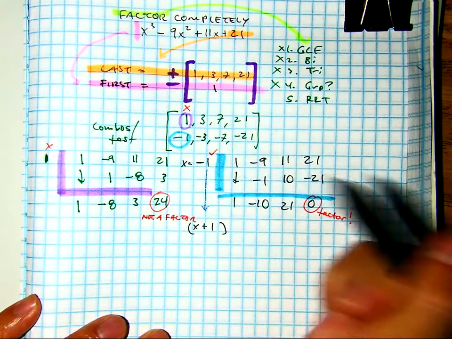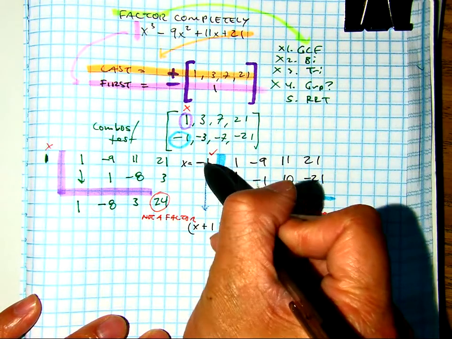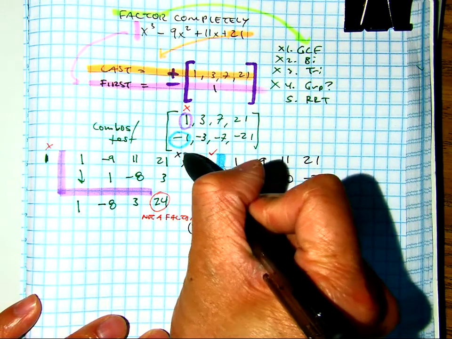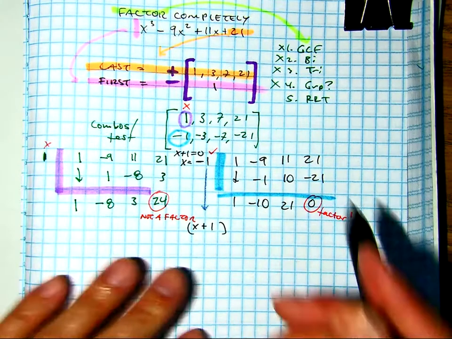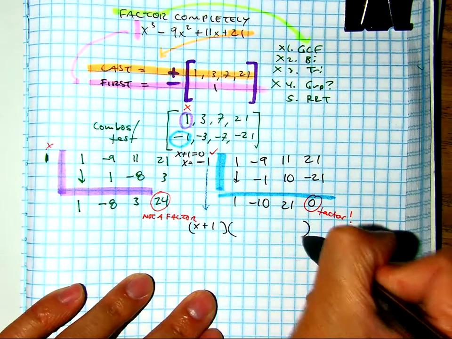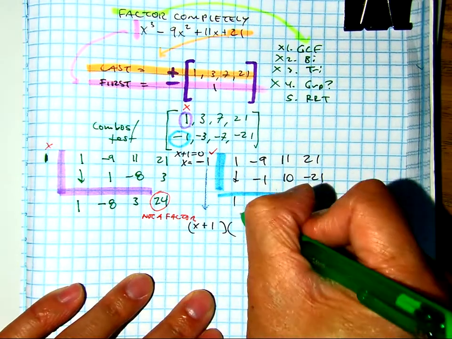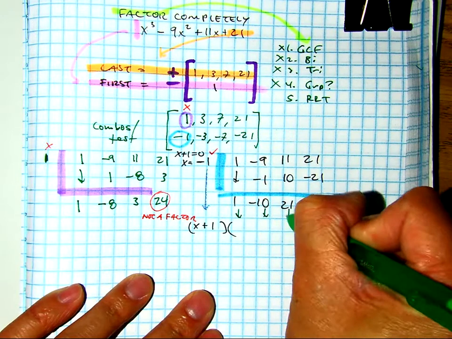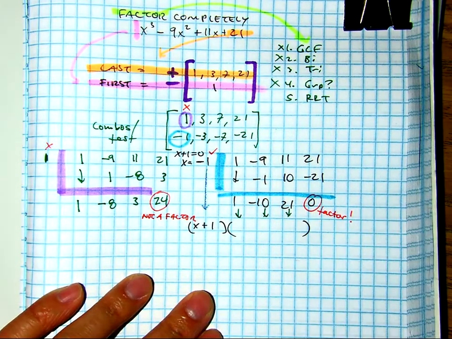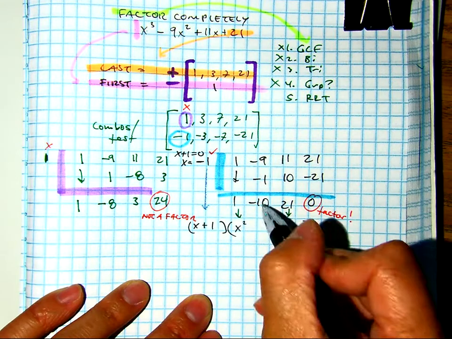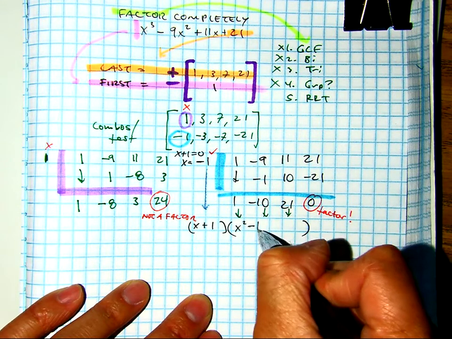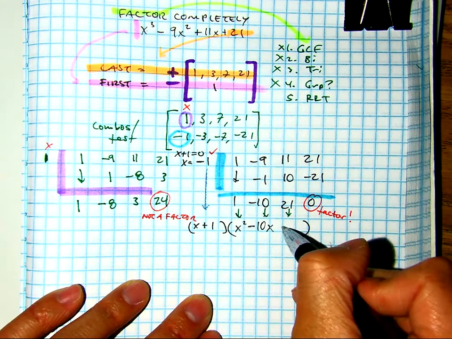And that's why the binomial is x plus 1. Question. What does the 1, -10, and 21 represent? 1x squared, or just x squared, -10x, and this one represents 21. Remember, this is your remainder, this is your constant, and you just work your way up. Okay?